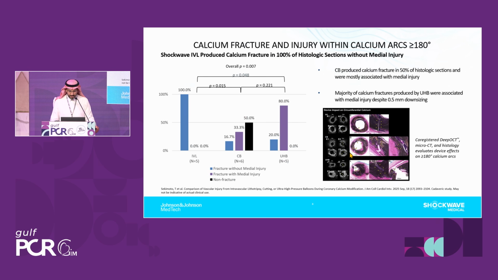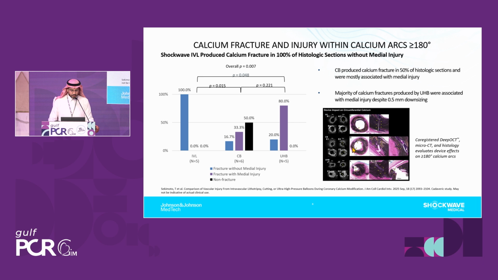If you look carefully here, I want you to see the fracture with IVL in the histology. You can see this is the vessel size, and that is deep in the tissue, and you can see there is a wide fracture with no disruption of the media. But look at this. So this cut is from here.